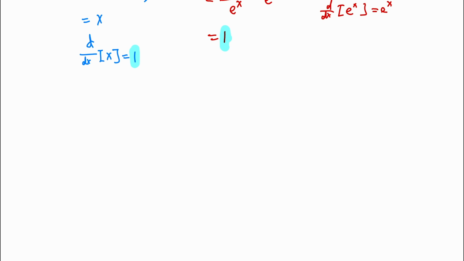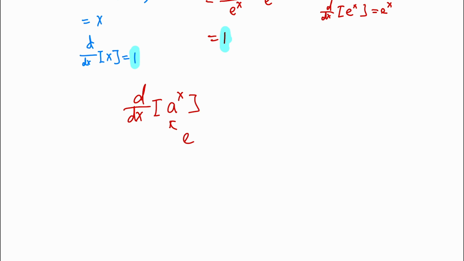Today's rule, we want to differentiate a to the x, where a might not be just e, it can be any base. So we can differentiate 2 to the x after this lesson. How do we do that? Obviously, we are going to base it on top of e to the x that we did 2 episodes ago.